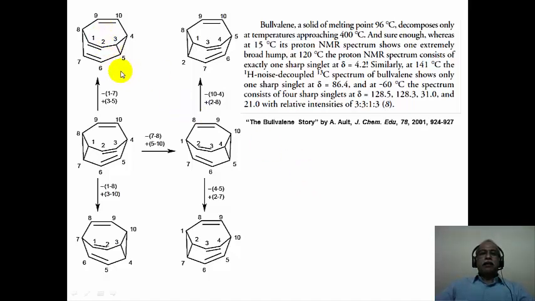Let us look at the rearrangement in a little more detail. What is happening here is the 3,5 bond is cleaved such that the rearrangement takes place with the pi system, and a new bond is formed between 1 and 7. So the resulting structure you can see here, for example. Or if you start from here, in this particular example, the 1,7 bond is cleaved and the bond is formed between 3 and 5 with a concomitant rearrangement of the pi system, which is the 3,3 sigmatropic rearrangement.